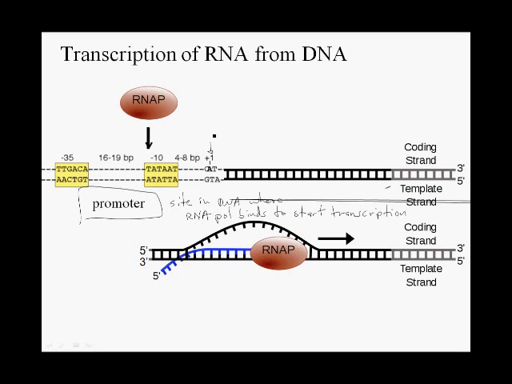If this is the site where transcription starts, if you see upstream of this transcription start site, there are a sequence of bases, around 10 bases upstream and 35 bases upstream, that are characteristic of E. coli promoters, and E. coli RNA polymerase, with the assistance of a transcription factor called a sigma factor, recognizes these sites in the E. coli chromosomal DNA as being sites where it should start transcription and make RNA.